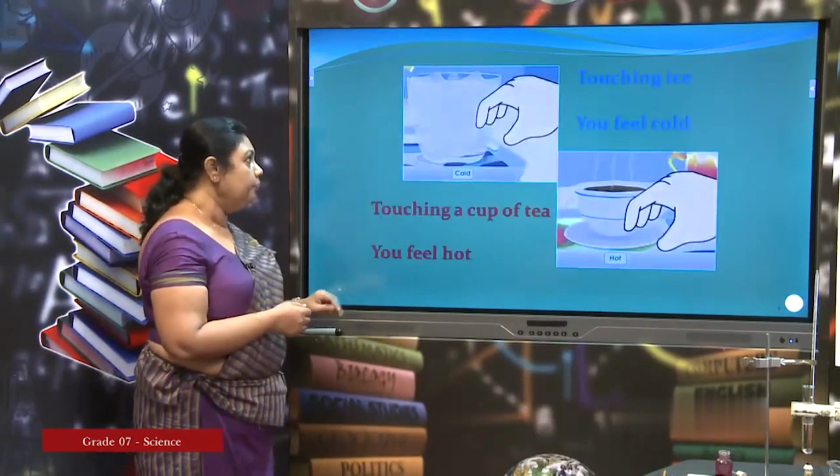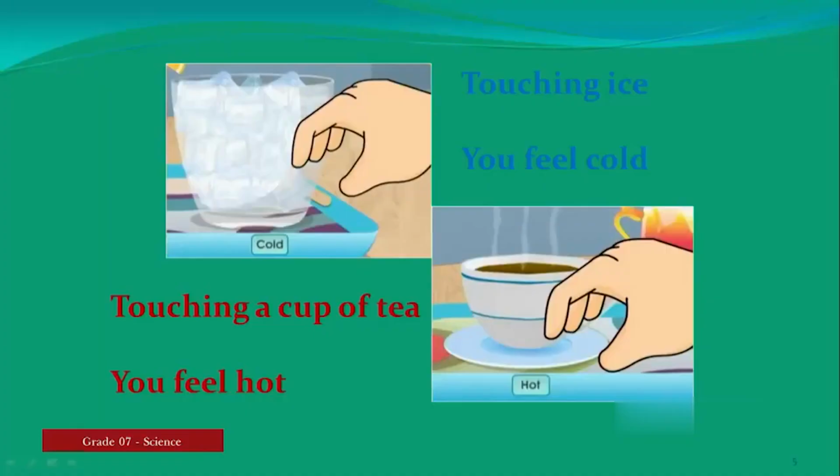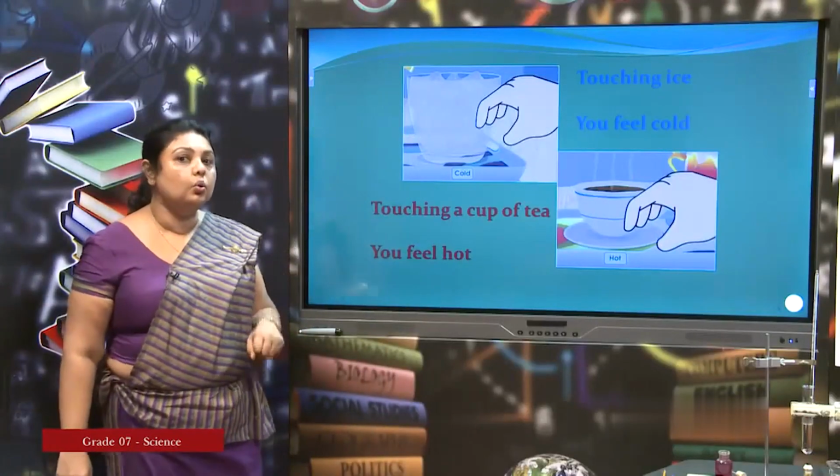So, we will see now. Here there is one ice container as well as a hot cup of tea. You all must have touched cold cubes of ice as well as a hot cup of tea. This is what you do if you don't like to drink a hot cup of tea in the morning: you touch it and see whether it is okay to drink. When you touch the ice, you feel something cool.